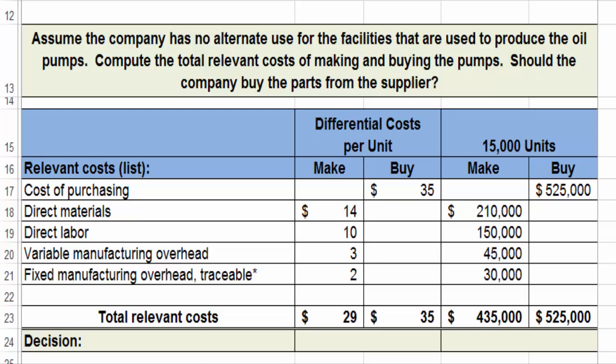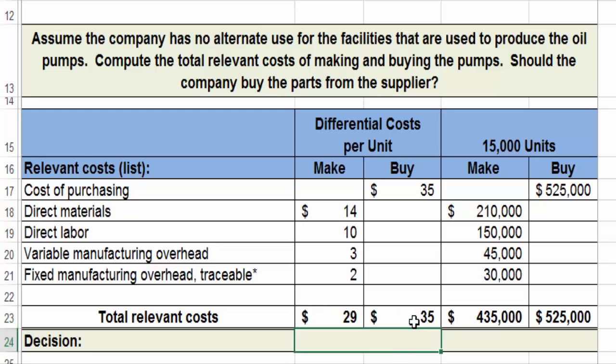What would your decision be? You would evaluate the cost of buying the pump outside, $35 per pump, with the cost that you could avoid if you bought the pump outside, and you would avoid only $29 in cost.